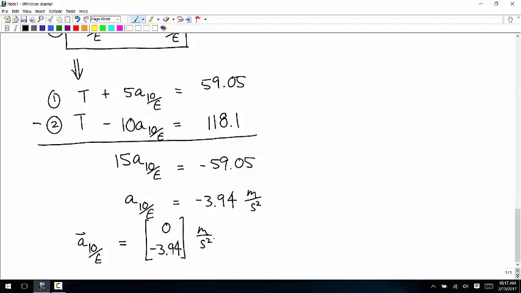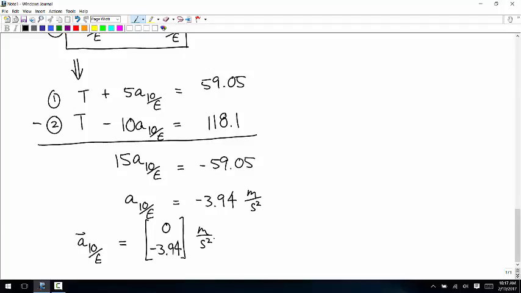So the fact that the elevator was accelerating upwards had the effect of increasing the acceleration of this system, like increasing the gravitational field. You could do it if what you wanted was the acceleration relative to the ground.